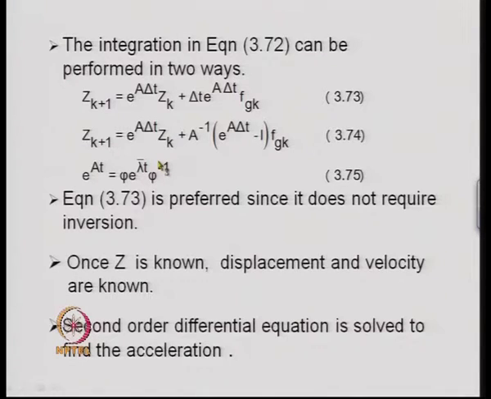Once you have obtained the values of z at a particular time station, that is the state of the system, x k and x dot k, then we go back to the second order differential equation, that is the original equation, and from there we obtain the value of the acceleration.